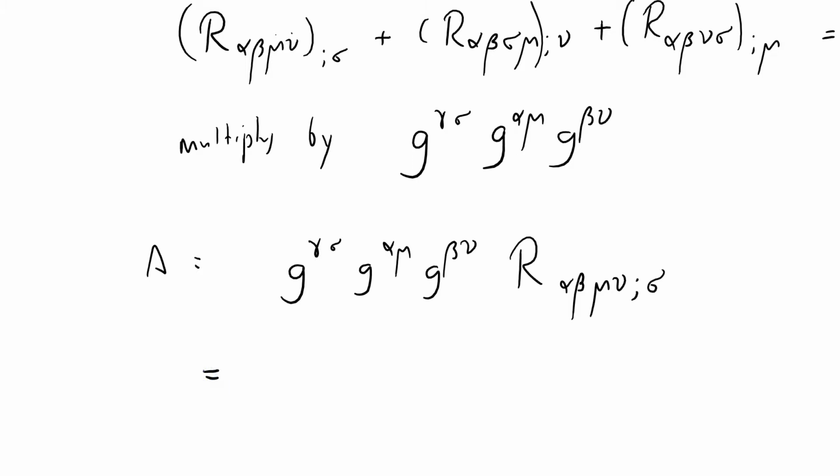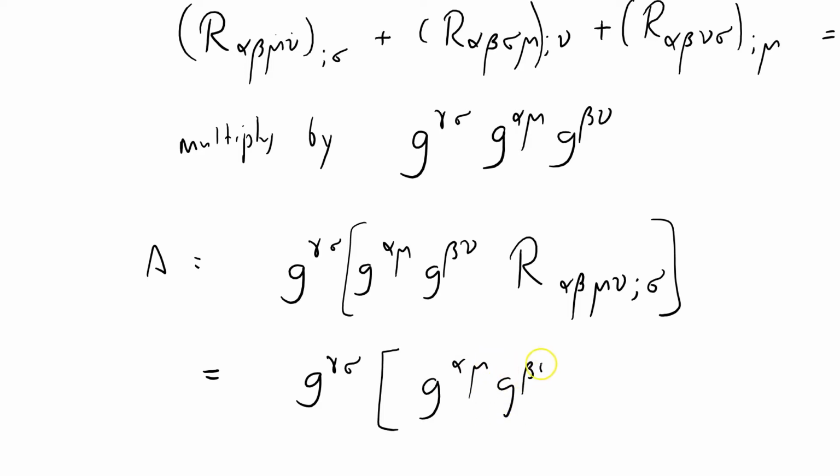Which equals, by definition, G gamma sigma times this term here. Well, no, I'll do it slowly. It's G alpha mu, G beta nu, R alpha beta mu nu, semicolon sigma.